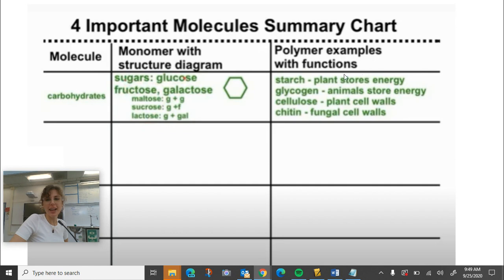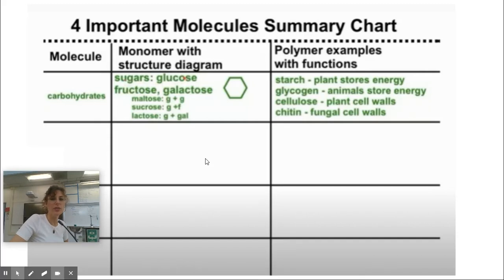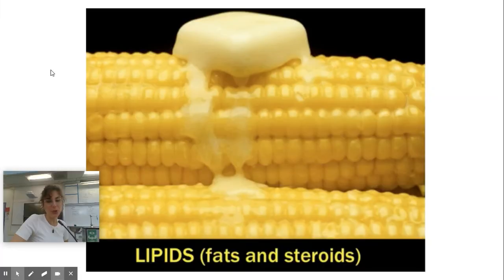Then what are some of their functions and the polymers? One storage polymer or polysaccharide is starch. We have glycogen in animals. We have structural polysaccharides, which are cellulose and chitin. Okay, so now it's time to move on to lipids, those fats and steroids.